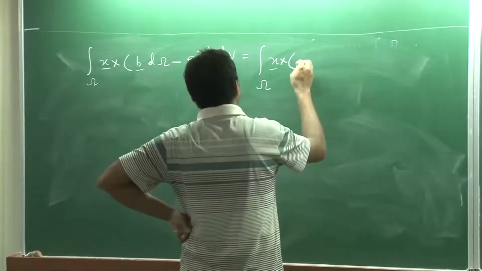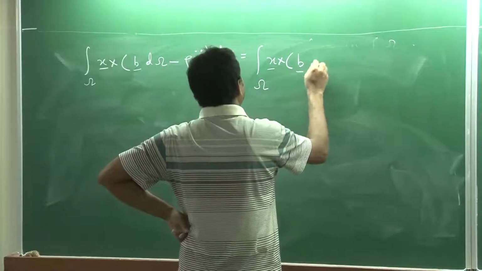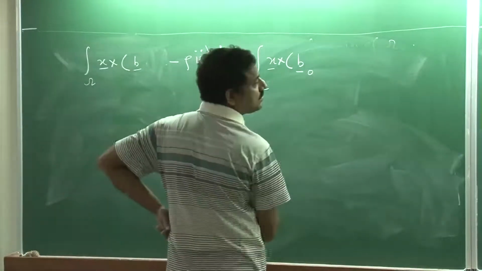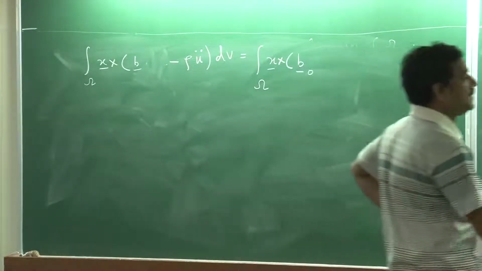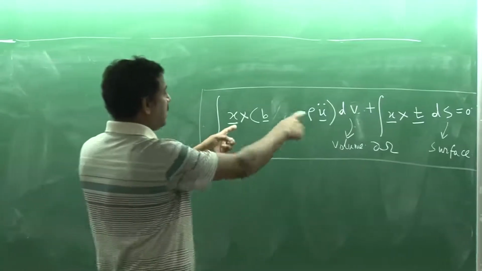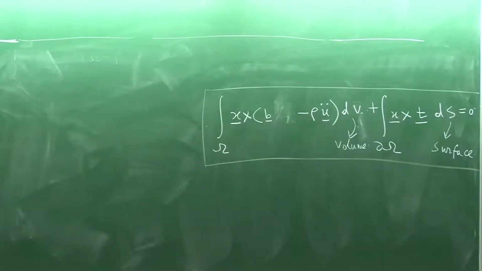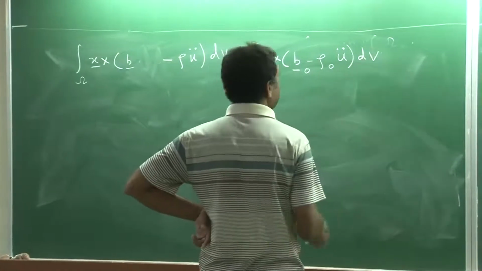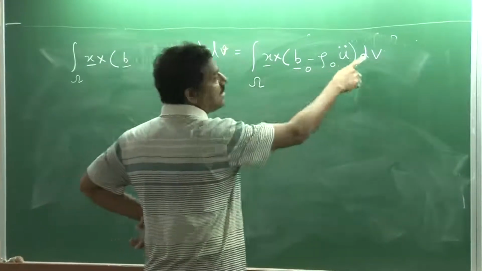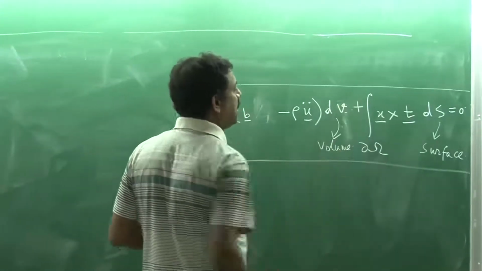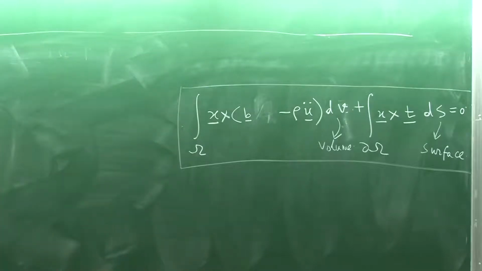So, b bar I will write b bar 0. Please note that it is dv I am writing, so it is b bar 0 minus rho bar u double dot d capital V. This was small v, but this is now capital V, because I have just converted.